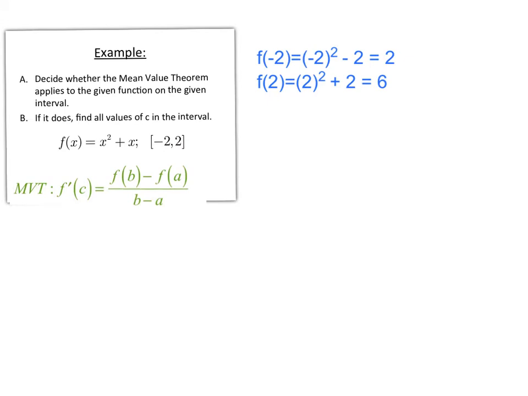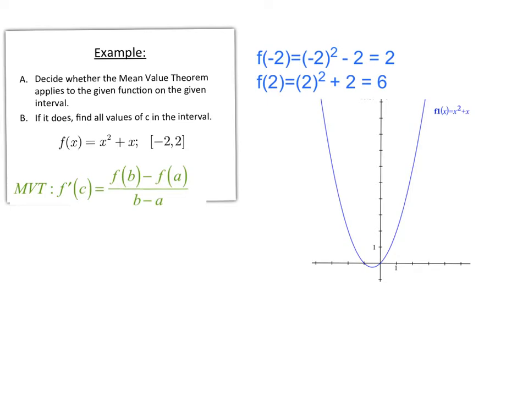I found my 2 different points, (-2, 2) and (2, 6). It would be helpful to have a graph to look at, just so we can see that the secant line is going to be parallel to some tangent line at our point c. And then we'll go find that point c.